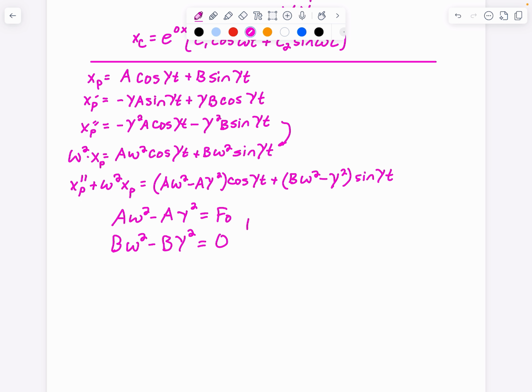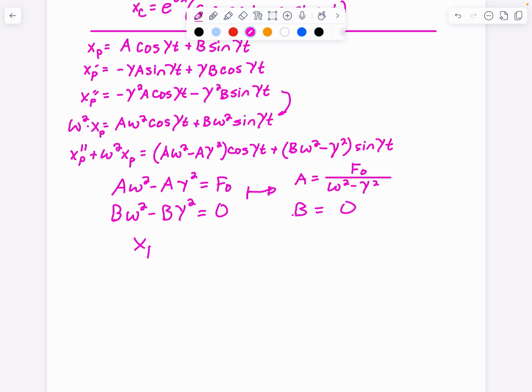You can factor out the a on top, and we're going to get a equals f naught over omega squared minus gamma squared, and then b is just going to be 0. So x sub p is f naught over omega squared minus gamma squared times cosine of gamma t.